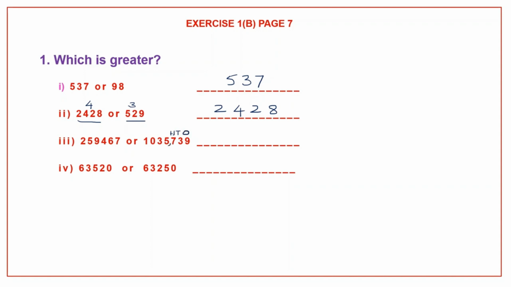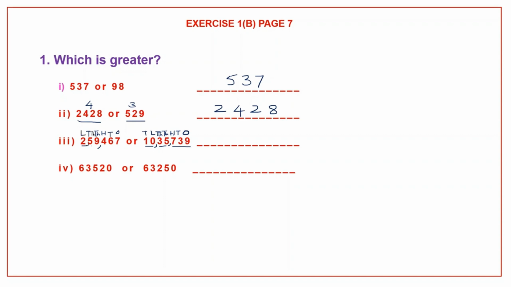Then we put a comma, thousands, 10,000s, comma, lakh and 10 lakh. Now it's easy to read. This is 10 lakh, 35,739. Now the other number here, ones, tens, hundreds, comma, thousand, 10,000s, comma, and lakh.